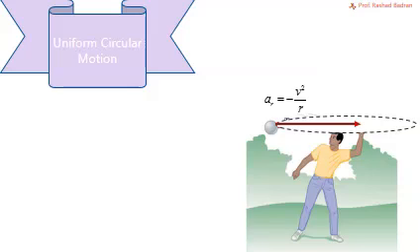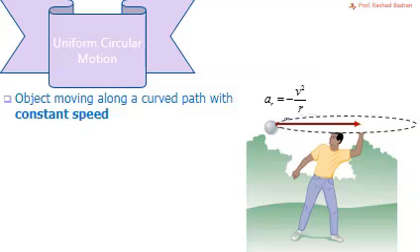Here, a mass attached to a string is rotated in a uniform circular motion as shown in the horizontal circle. As we said before, the speed of the object moving in the circle is constant. That means the magnitude of the velocity is the same wherever the object is in its circular motion.